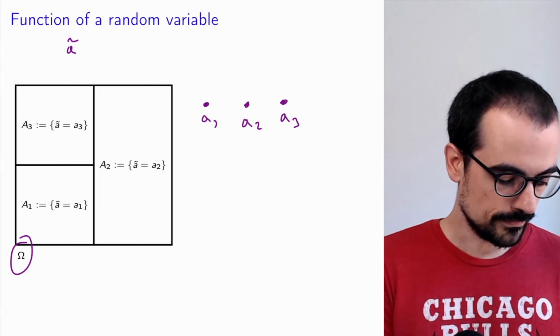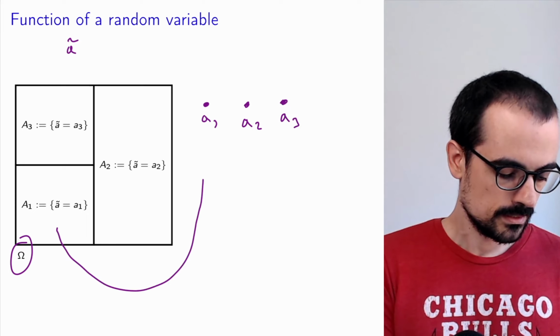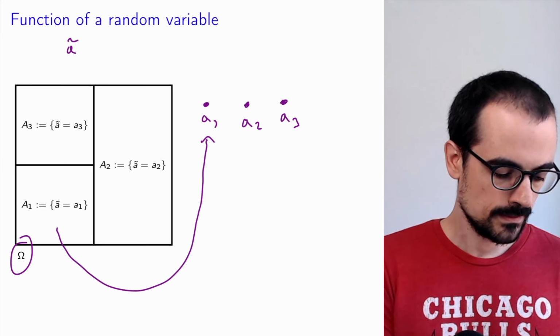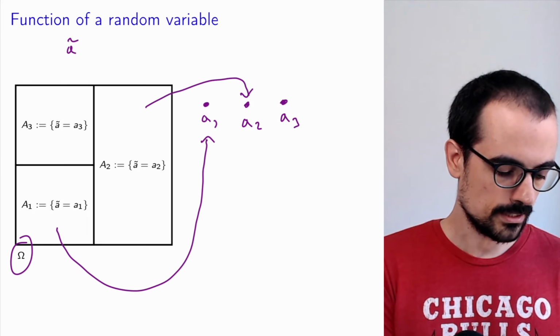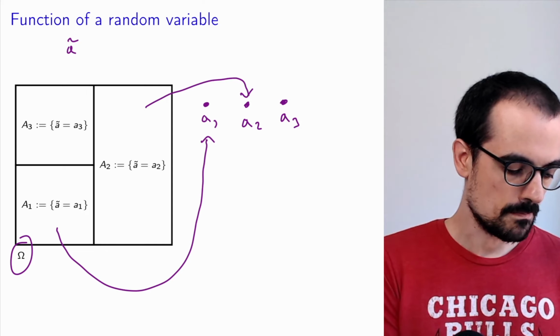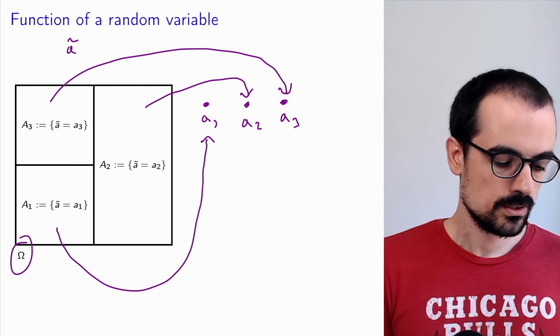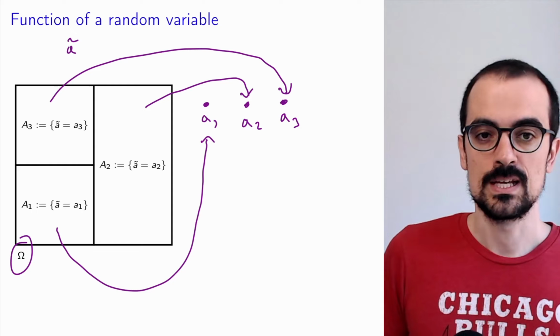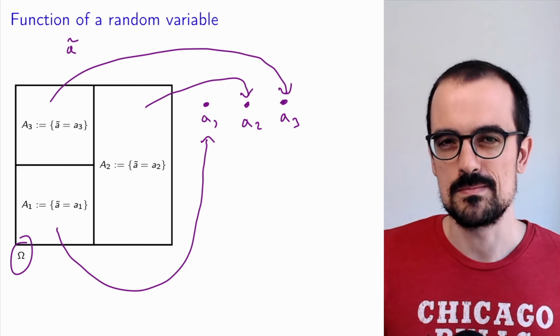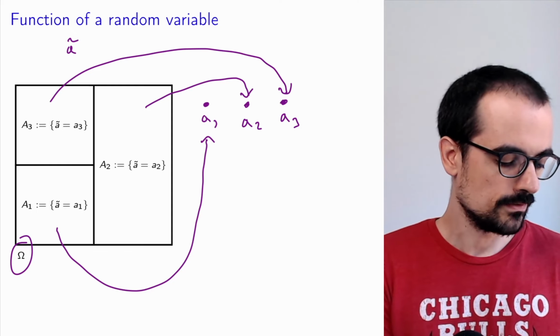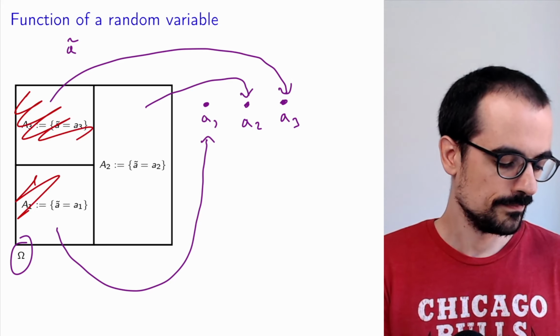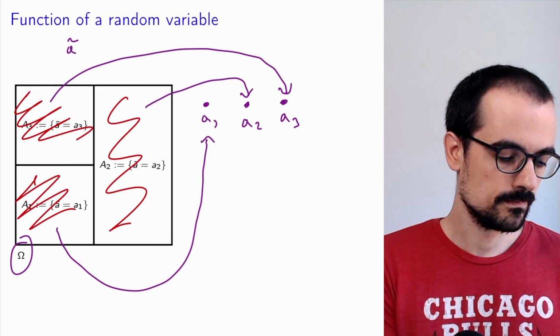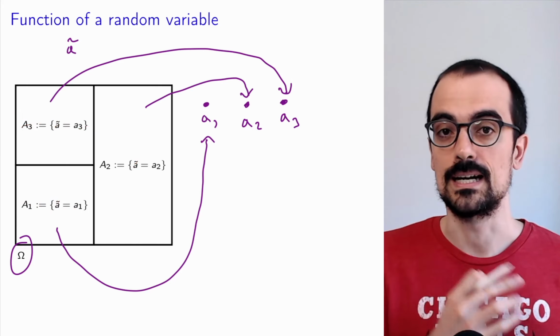And here what we've drawn is the events that contain all the outcomes that are mapped by A to those 3 values. And if you remember, what do we mean by measurable? We just mean that each of these guys is assigned a probability in the probability space, so that then we can actually define that probability and we have the probability mass function of the random variable.